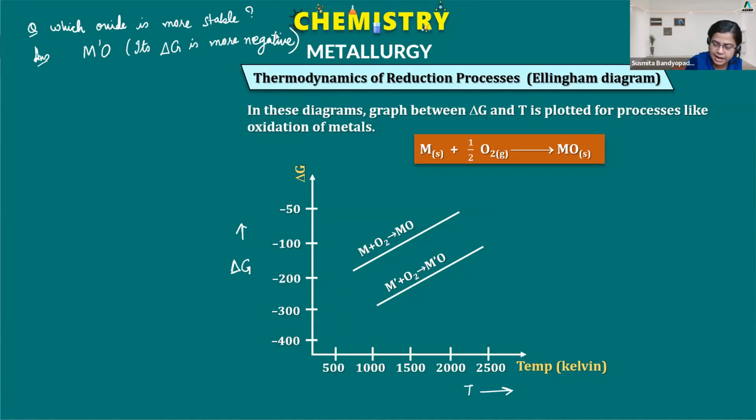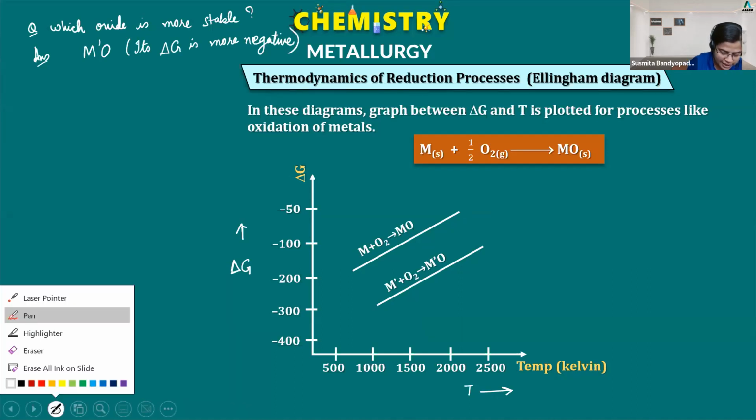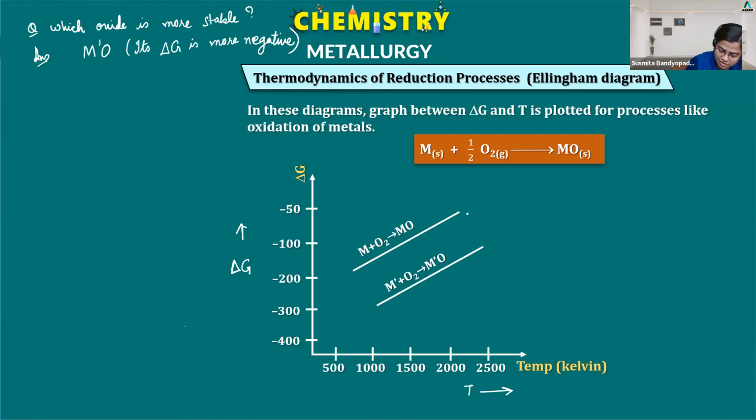The one which is lower in the curve has a more negative delta G. If I extrapolate, this comes somewhere close to minus 400, and this comes somewhere close to minus 250.